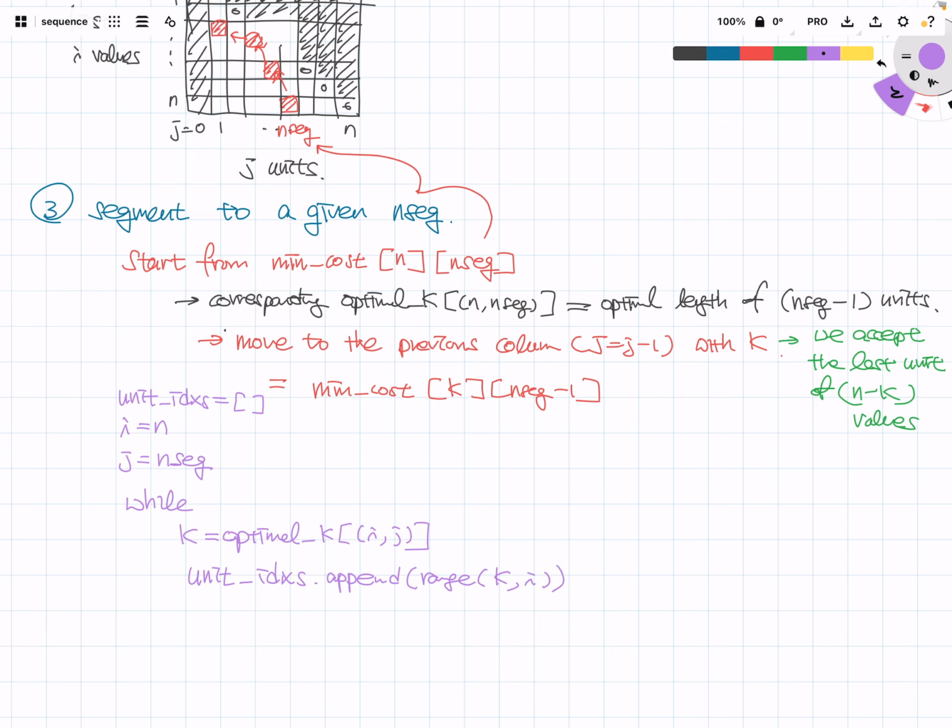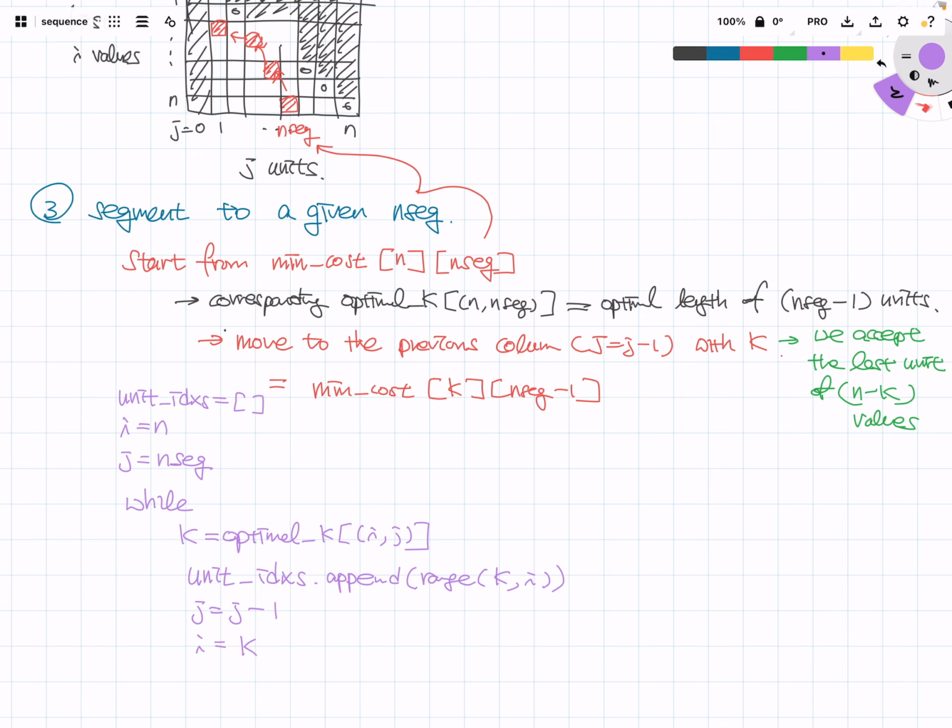So it's the last unit we just accepted, and then we can set the number of segments down and the length of values.